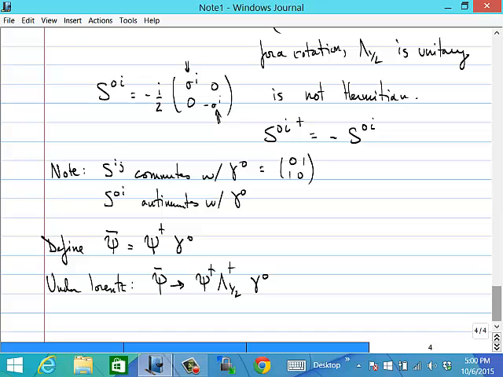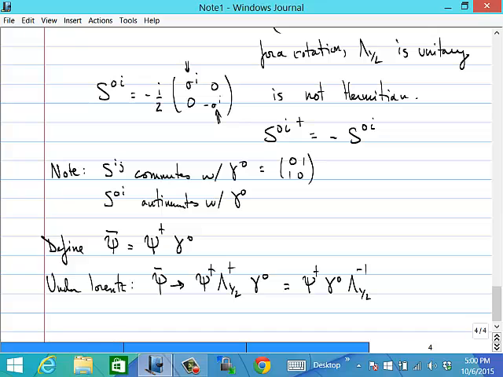And let's imagine now that we have two different cases. Let's first think about the case where lambda to the 1/2 describes a rotation. So rotation operators are unitary, and they commute with gamma 0. Okay. So in the case of rotation, that's psi dagger gamma 0 times lambda to the 1/2 inverse.